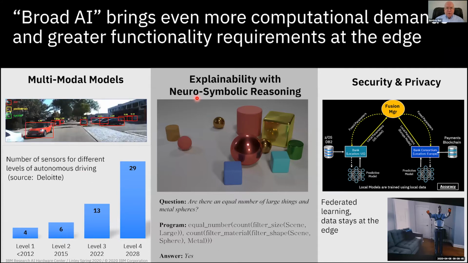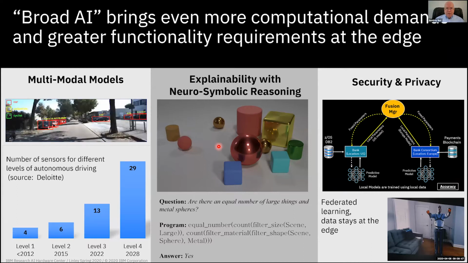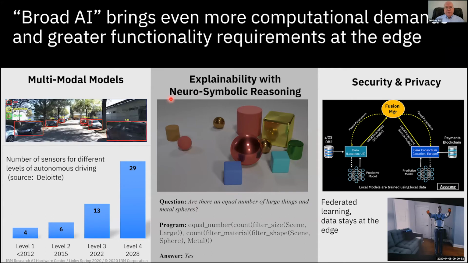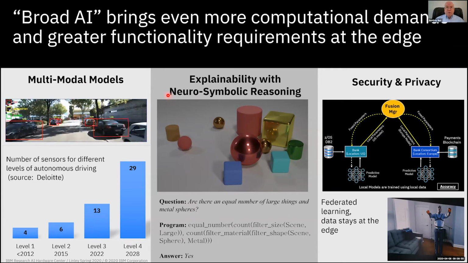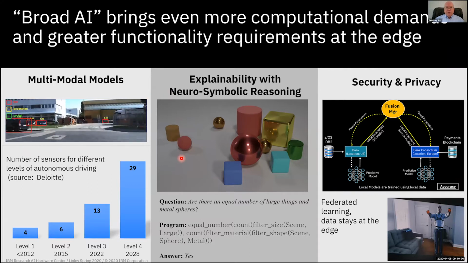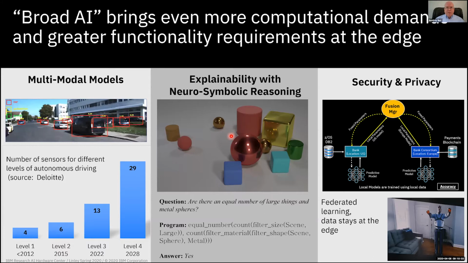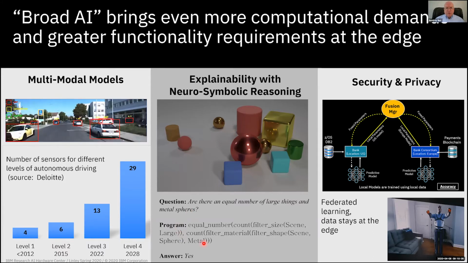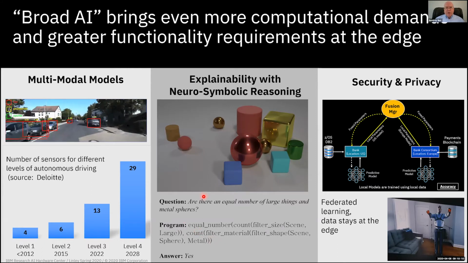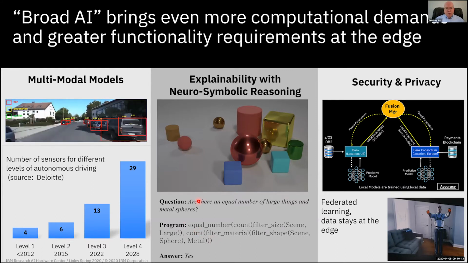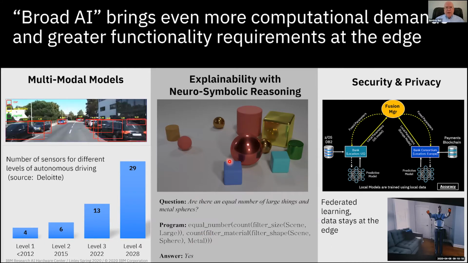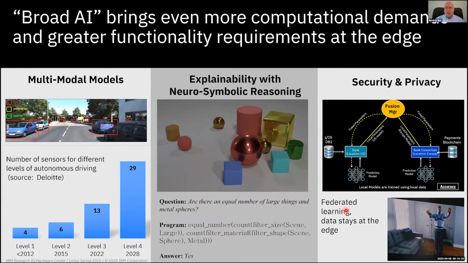This is not just multimodal in terms of having an image and then being able to answer a question in text, but also gives us an example, to describe what I understand is neurosymbolic reasoning, which is rather than using backpropagation and deep learning to build something that automatically recognizes this image, instead you build something that trains to essentially build a program, and that program allows you to answer the question. So the AI works with these symbols and essentially writes programs which then can interrogate the scene and answer a question posed in text.